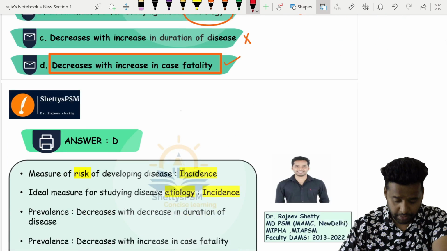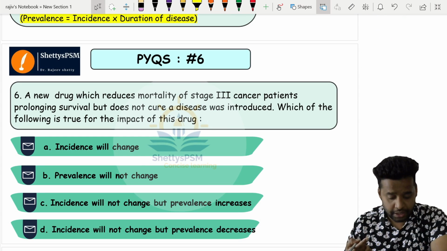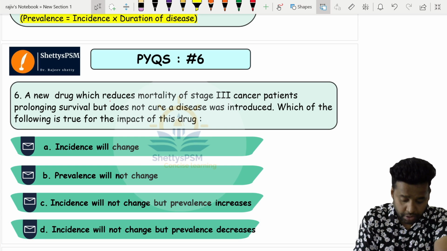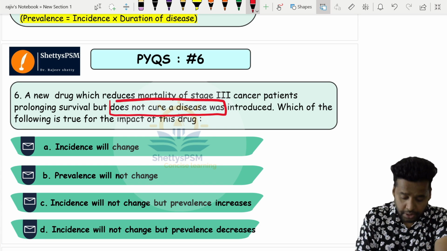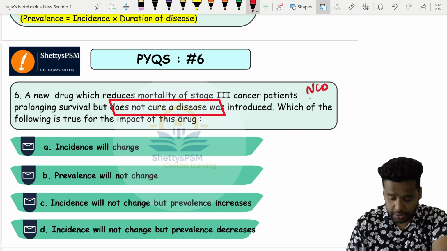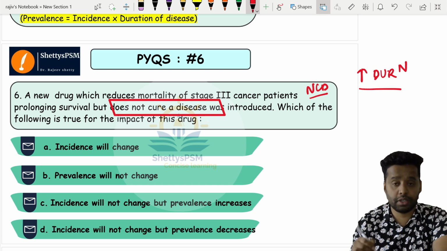Very, very important question. A new drug is reducing the mortality of stage 3 cancer patients, prolonging the survival but not curing the disease. You are just prolonging the survival of a non-communicable disease. The duration is increased, not curing the patients.